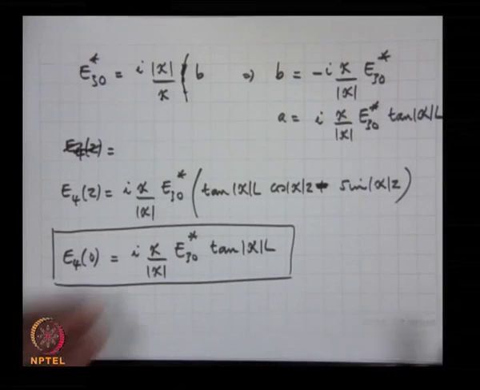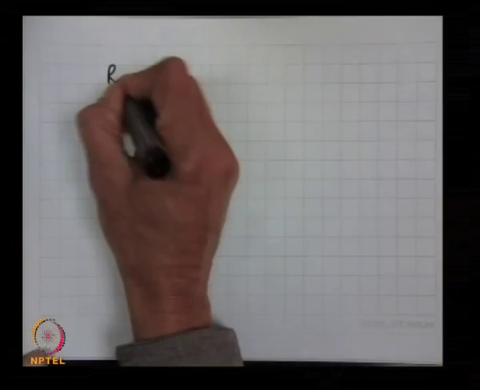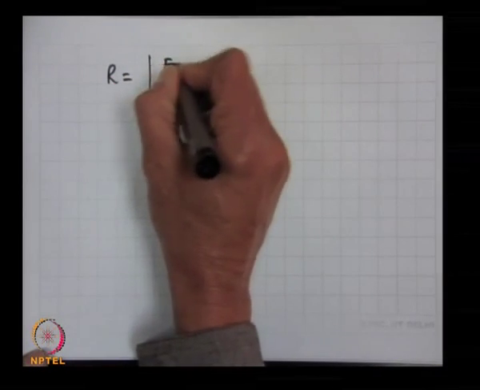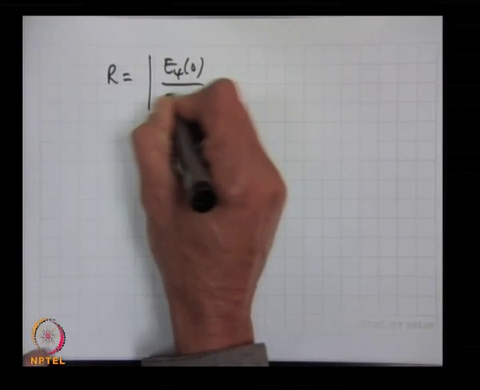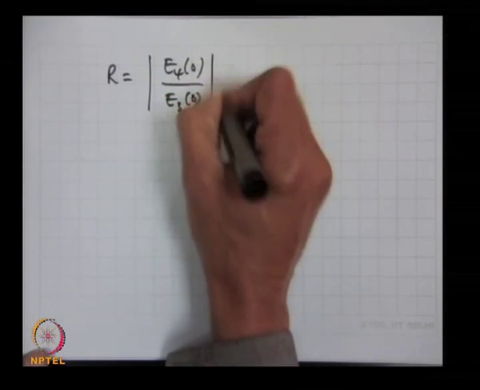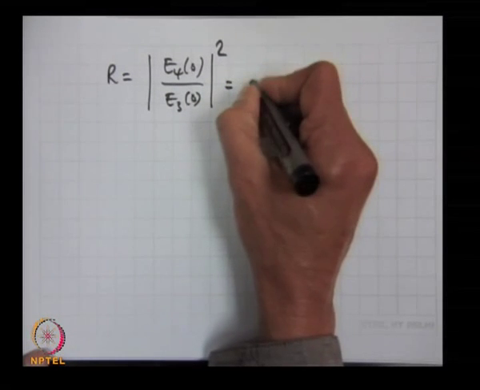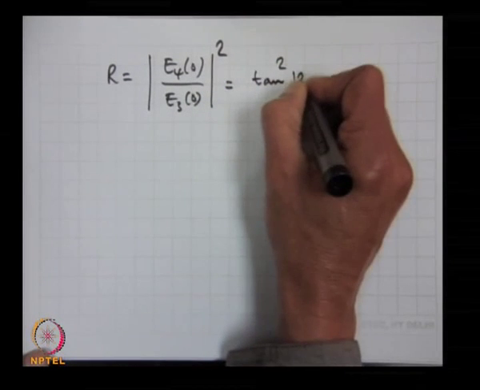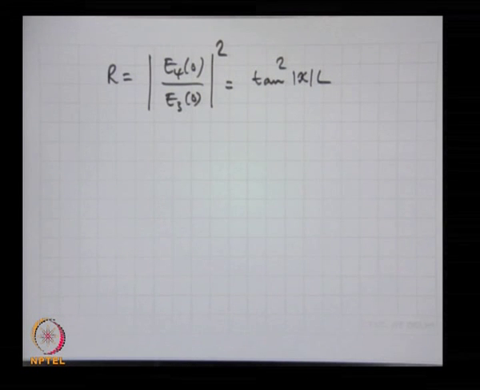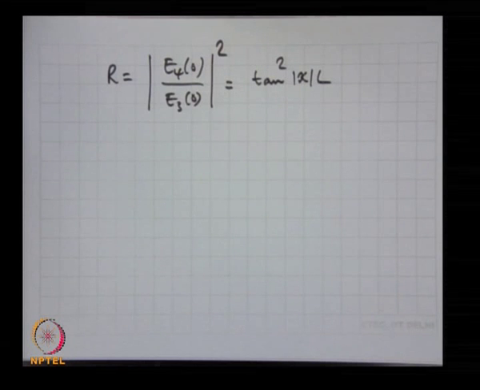So the energy reflection coefficient of this mirror would be R is equal to mod of E4 0 by E3 0 mod square, which is equal to... so if mod kappa L is more than pi by 4, this is more than 1.